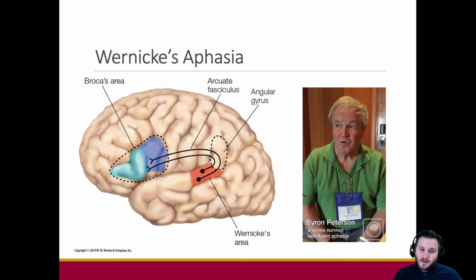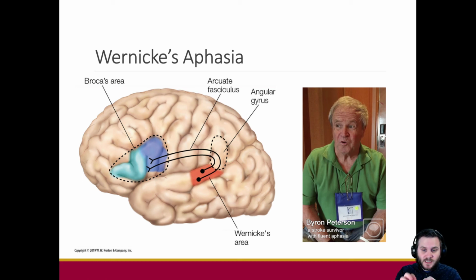And yeah, some of his coordination of that, the angular gyrus is responsible for a little bit of coordination of that. So, putting words together that mean appropriate things and then putting them in the right order, semantics and syntax.